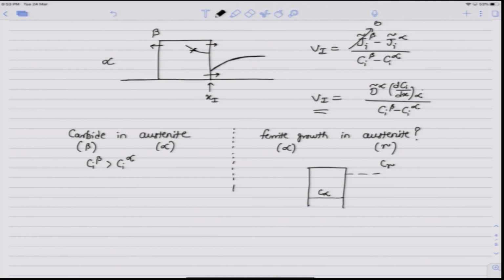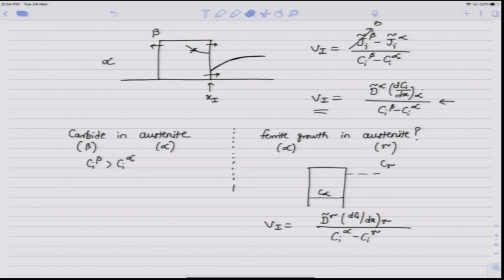That means the interface velocity here would be given by V_i equal to D̃^γ dC_i/dx in gamma divided by C_i^α minus C_i^γ. Now, carbon concentration in ferrite is typically very small, and so it can be taken as constant. So, still the similar formula can be applied.